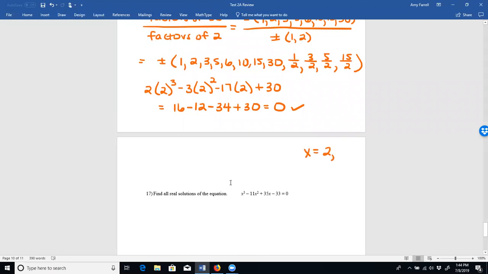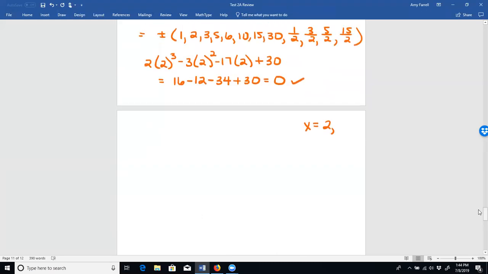Okay, but I'm guessing there are 3 solutions. It's a cubic equation. So to find the remaining 2, what I'm going to use is synthetic division. I'm going to put the one solution that I found that works in the box. Then I'm going to write the coefficients of the terms.